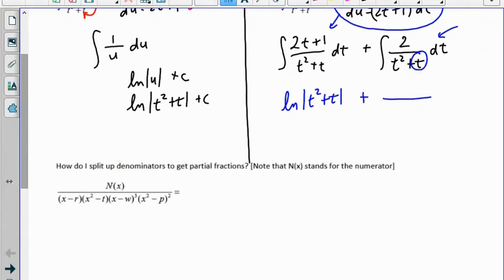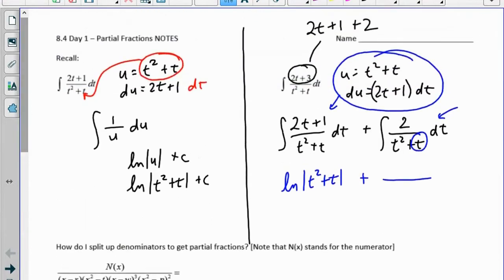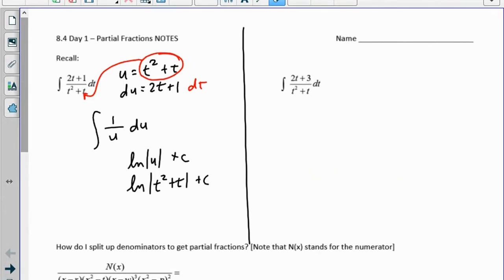But what if I tell you that on the problem on the right, instead of splitting it the way we did it in the past, we can use what's called the method of partial fractions? And so if I rewrite this as the integral of 2t plus 3 over t times t plus 1, so notice I factored the denominator.